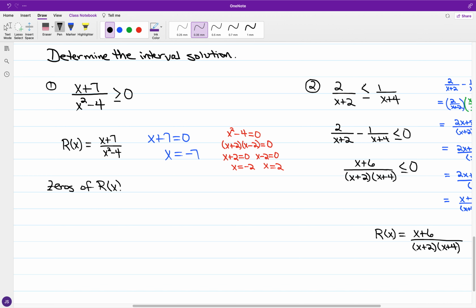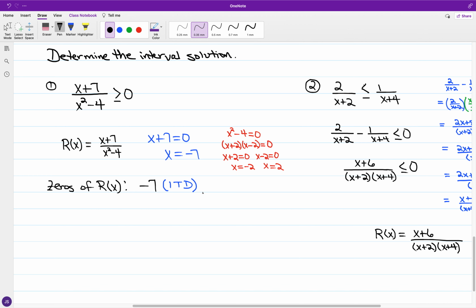And for the zeros of r of x, we have the first one at -7. Again, this stems from the numerator factor, where you can have a 0 numerator while not having a 0 denominator. So for -7, this one's going to be in the domain, so I'm just going to use ITD for in the domain.